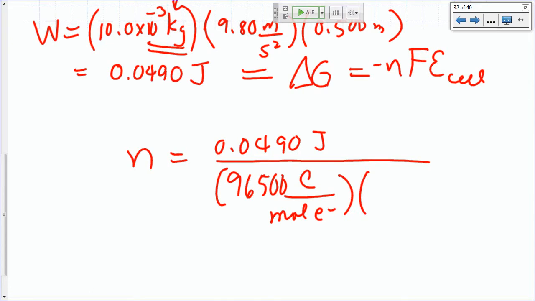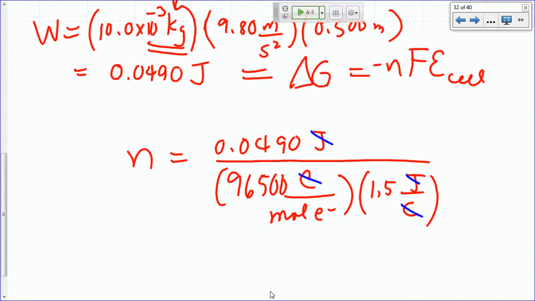And our cell potential is how much? 1.5 volts. So 1.5 joules per coulomb. A volt is a joule per coulomb. It's energy gain per coulomb of charge, okay? So coulombs cancel out, joules cancel out. That gives you the actual moles of electrons that are transferred, okay?